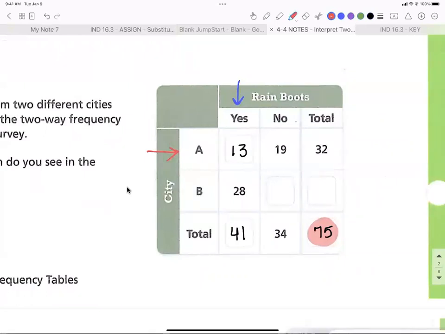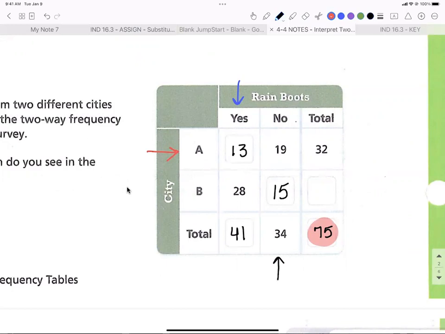All right. So from there, what can we go to next? Remember I said it's kind of like a domino. Once we get one, it kind of falls into place. Maddie? Yeah, we can go up this way. We've got 34. We can subtract the 19 and we get what? 15. So we can fill in that city B of the no's. We can fill in that that's 15.